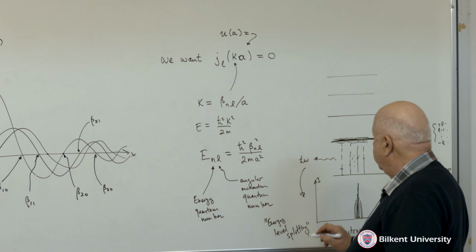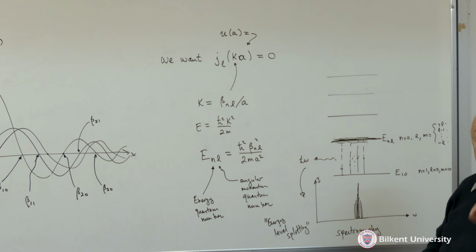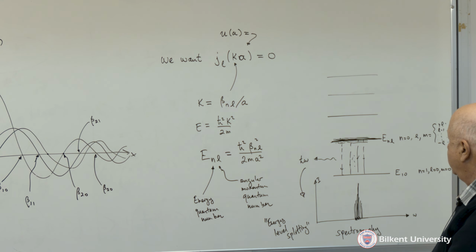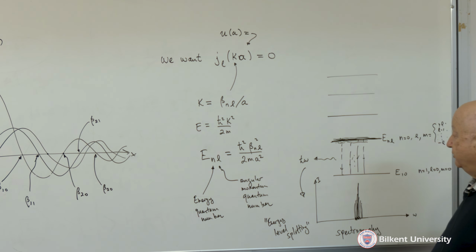The energy levels just get certain different values, and when they fall into the lower energy level, the light that comes out is no longer a single wavelength, single frequency, but you have a bunch of different possibilities.